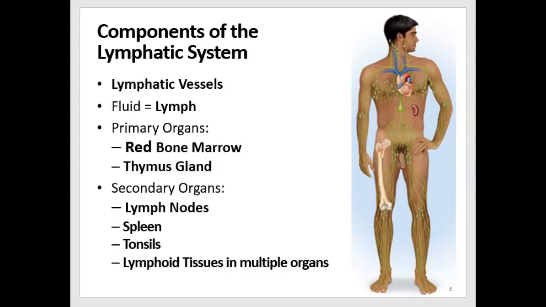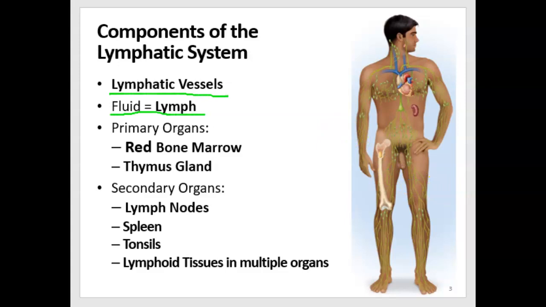And so we're going to do it a little bit differently. We're going to separate the components by the vessels being one organ, lymphatic vessels, carrying a fluid, which is really a tissue called lymph, and then the lymphoid organs broken into two categories: primary organs versus secondary organs.